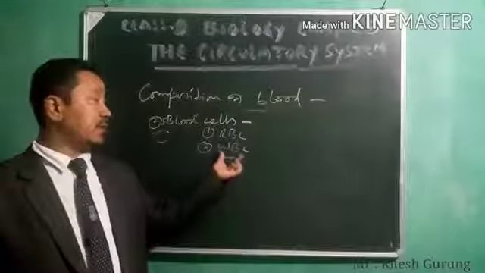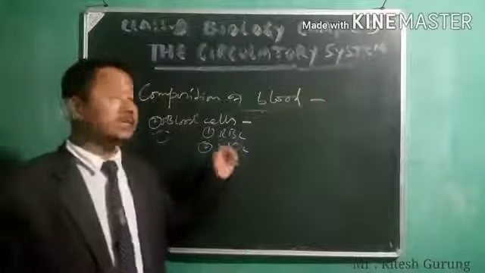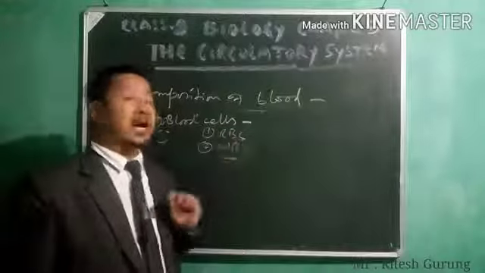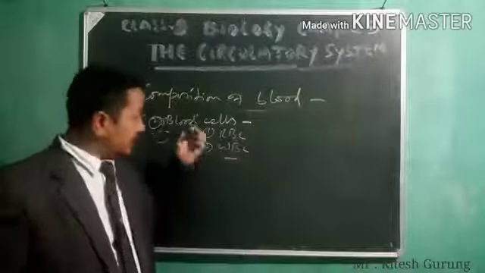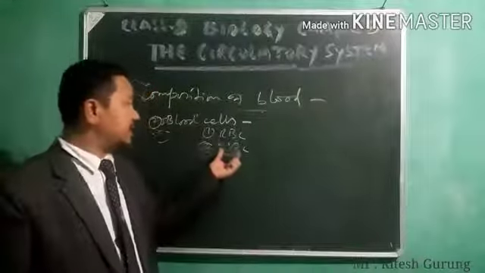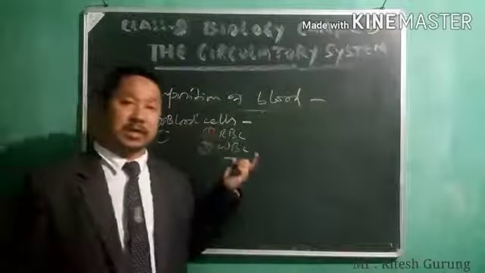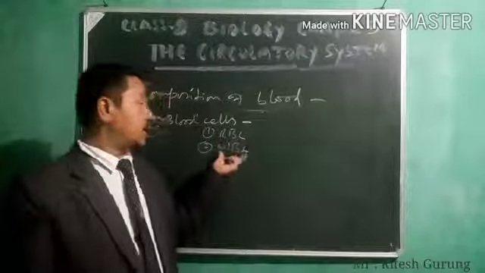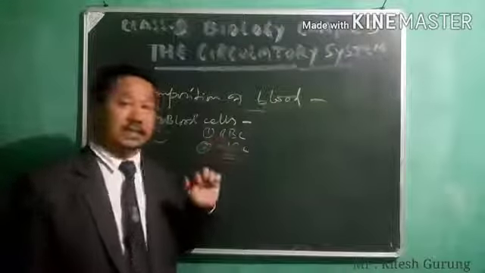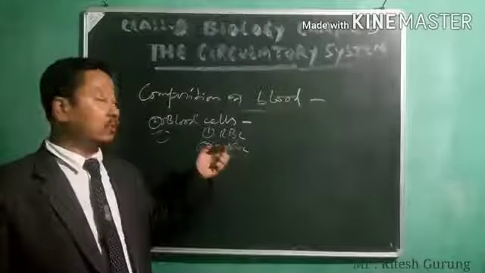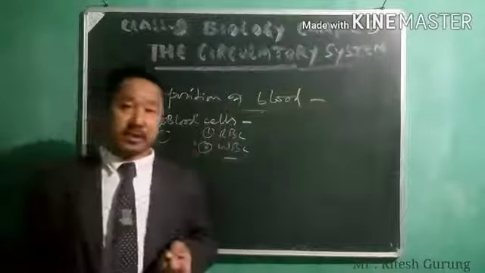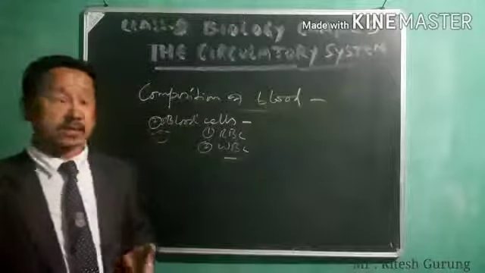White blood cells are less in number than RBC. RBC is more in number and WBC is less in number, but the size of WBC is bigger than RBC. You just have to understand this one.